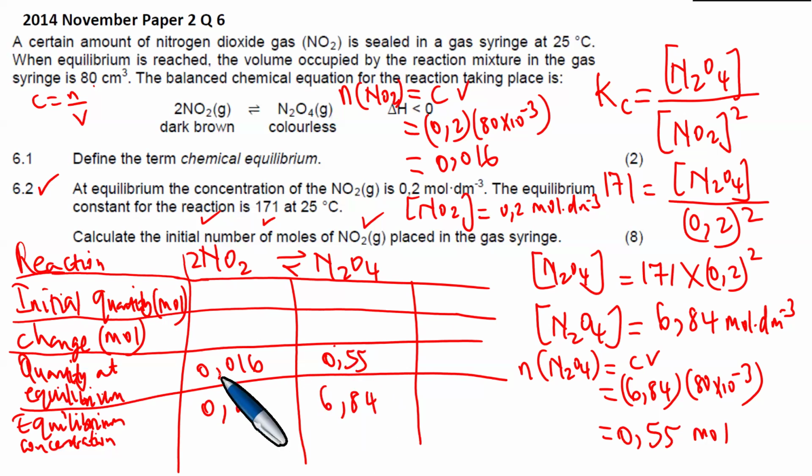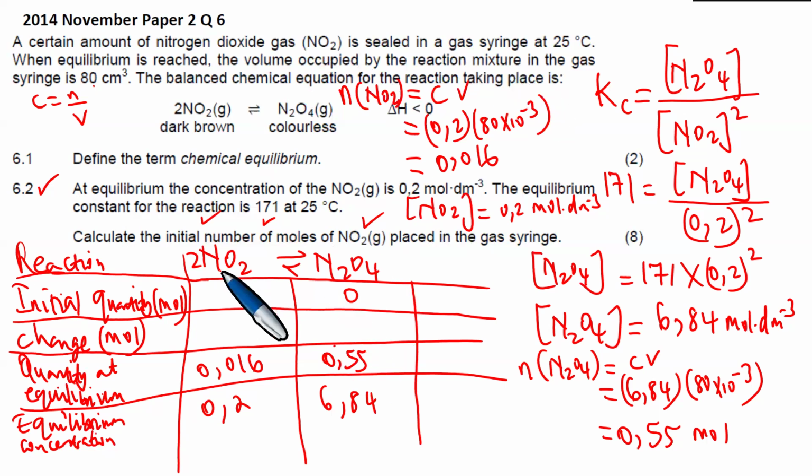So now we have the quantity at equilibrium, we have the equilibrium concentration with the equilibrium number of moles. Now the question becomes, let's deal with a couple of changes here, like with the N2O4. Remember that when we started in the beginning, we had 0 here. We had 0 because we started with NO2, because a certain amount of nitrogen dioxide is sealed in a gas syringe.